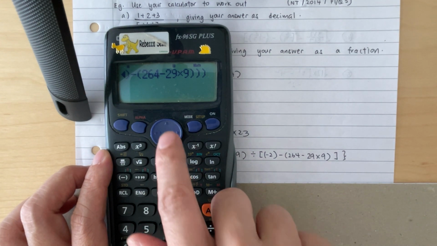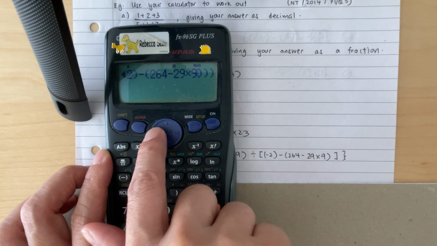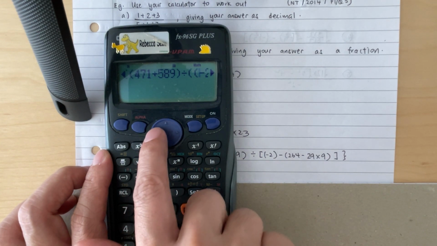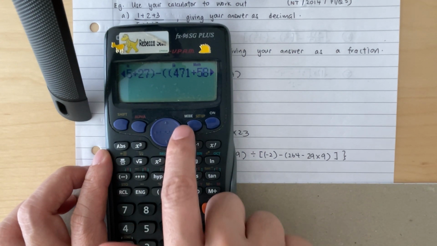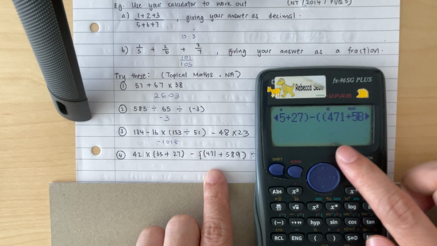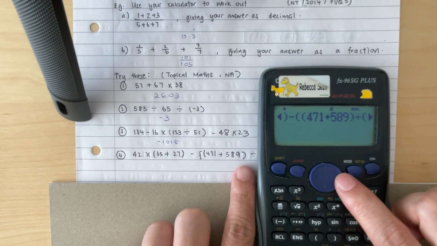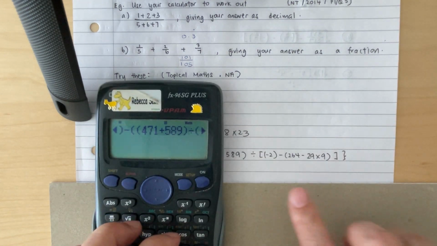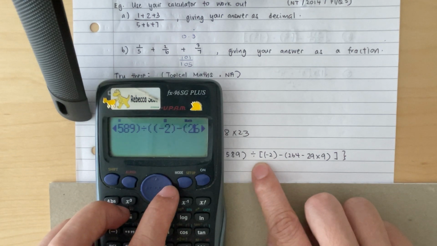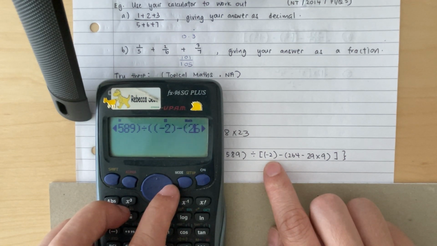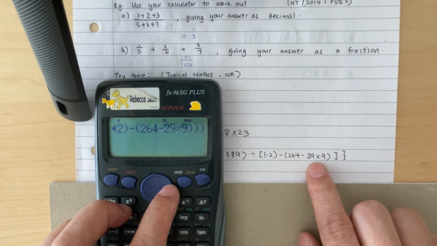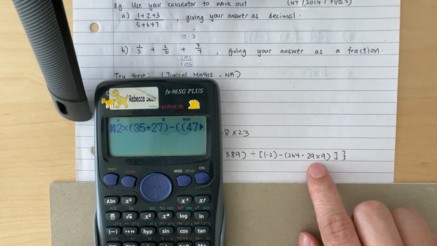Okay, let's do a check before we hit the equal button. So let's see. 471 plus 589, close bracket, divide by bracket minus 2 minus bracket 264, subtract 29 times 9 and 3 brackets to end.